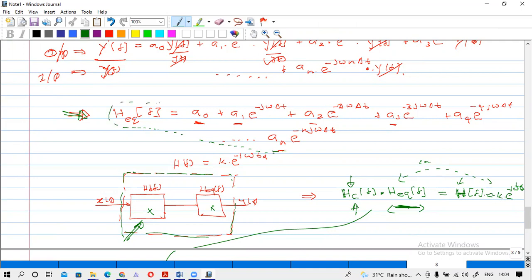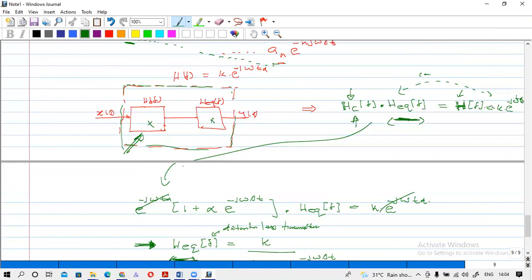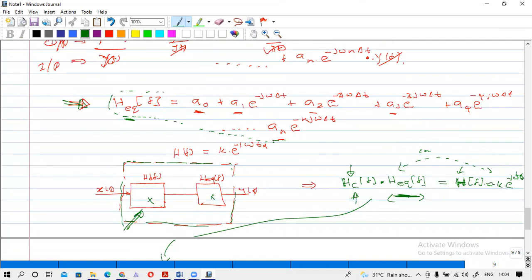For distortionless transmission, this transfer function and this transfer function should be the same. Let's say that this is our general transfer function, which we have derived using the input-output relationship.